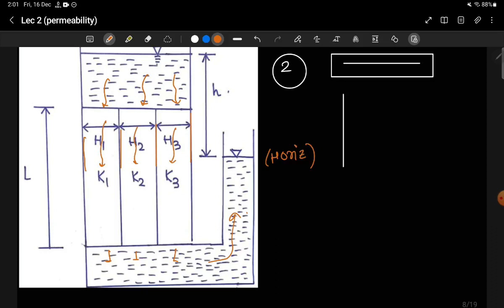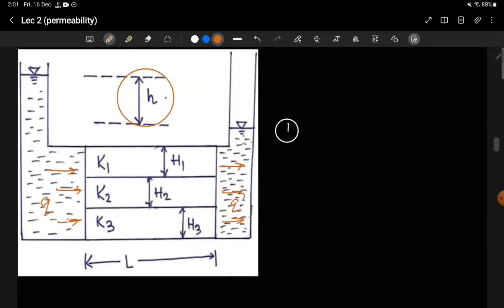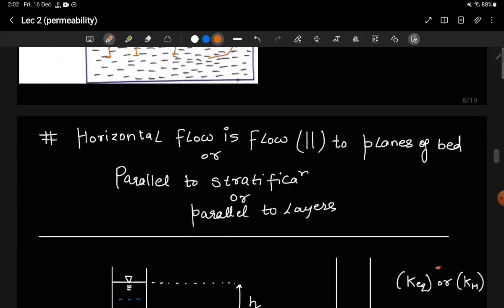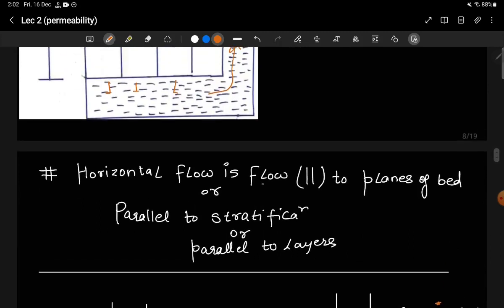सिमिलरली अगर इस वाली केस में आप देख सकते हैं, पैसेज ऑफ फ्लो इज लाइक दिस. This is parallel to the layers of soil. Hence, for horizontal flow, what matters is the flow should be parallel to planes of bed, or the flow should be parallel to the stratification, or the flow should be parallel to the layers.